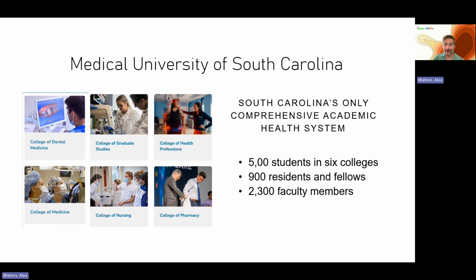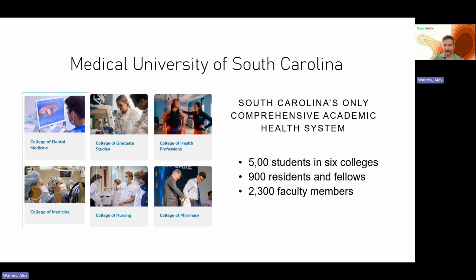So I want to talk a little about the Medical University of South Carolina. We are a large academic health system with thousands of students, residents, and faculty. Because of that scale and the diversity of our learners, accessible design isn't optional, it's essential. We have 6 colleges at MUSC: the College of Dental Medicine, College of Graduate Studies, College of Health Professions, College of Medicine, College of Nursing, and College of Pharmacy.